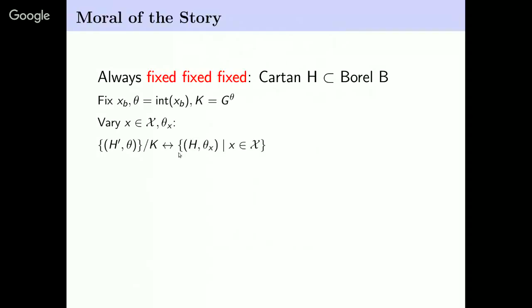Rather than talking about the Cartan subgroups of G, with their action of this fixed theta, up to conjugacy by K, instead we're going to look at just this fixed Cartan H and these different theta x's as x runs over X. So we've conjugated everything back to H, and the cost is, instead of talking about this one theta, we have to talk about this family of theta x's.